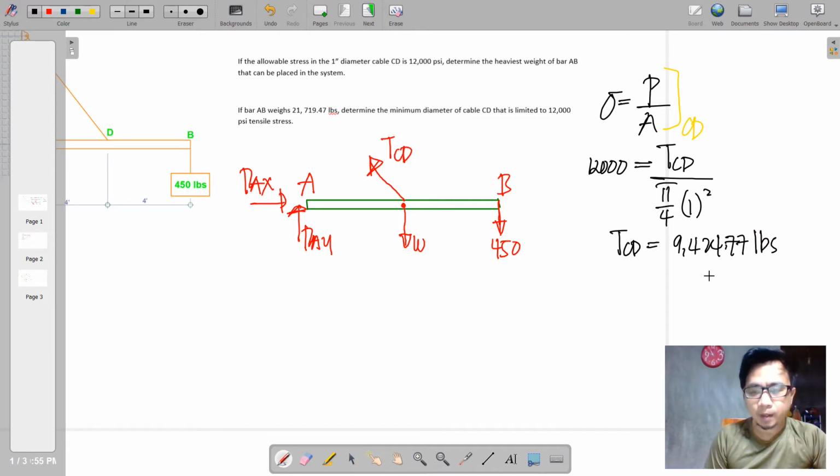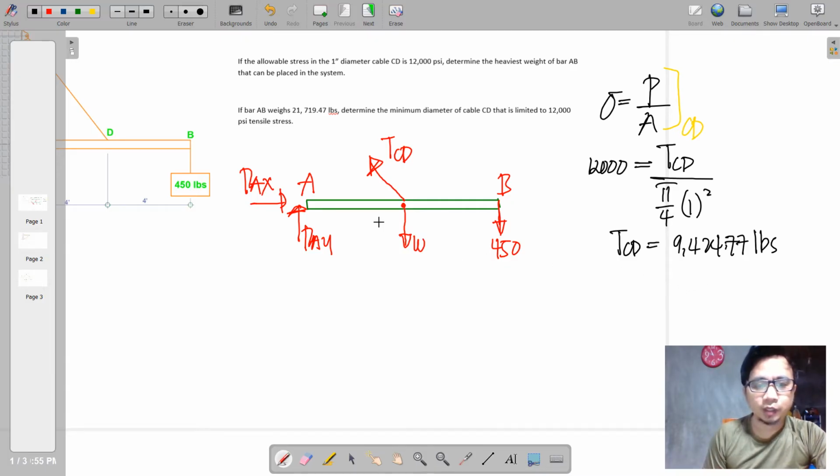So meaning the weight should be computed wherein the limit is this value, 9,424.77.